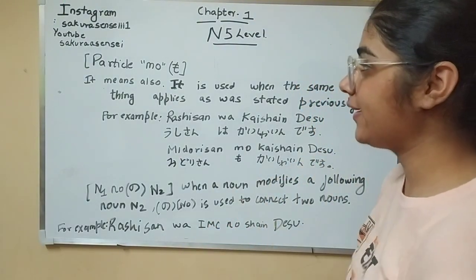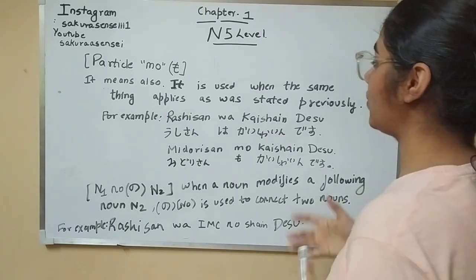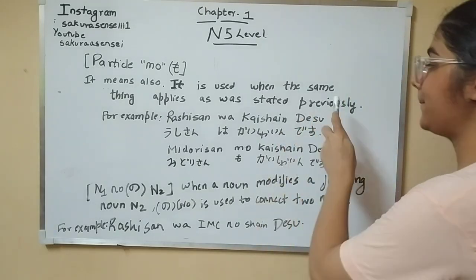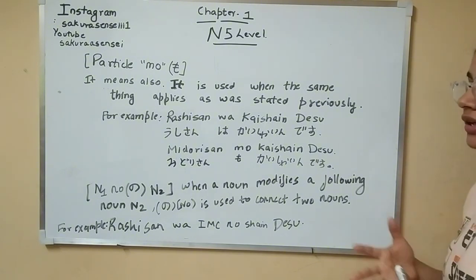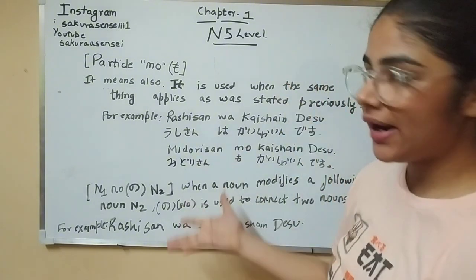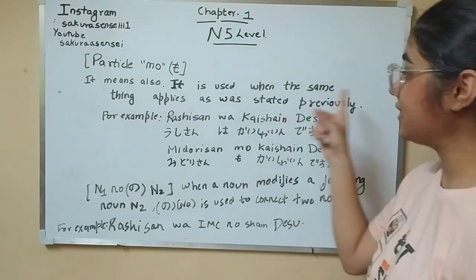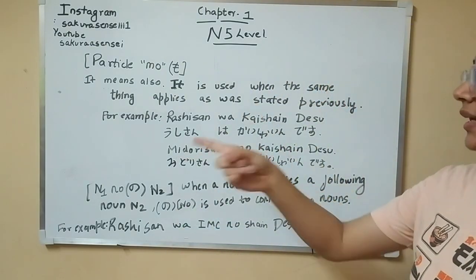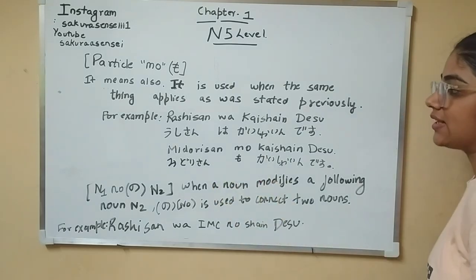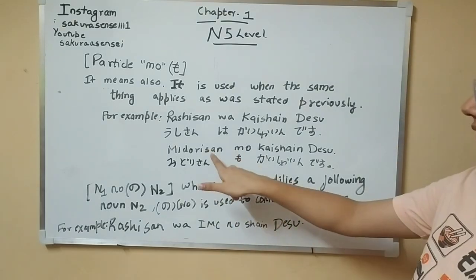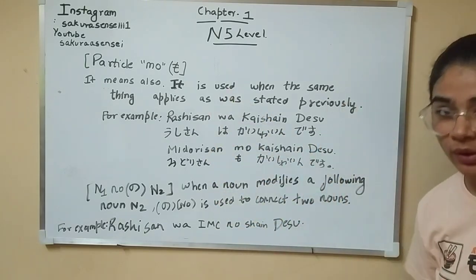So let's talk about particle mo. Particle mo means also. It is used when the same thing applies as what was stated previously. For example, Rashi-san wa kaisha desu, Rashi is an employee, Midori-san mo kaisha desu. Midori-san is also an employee.